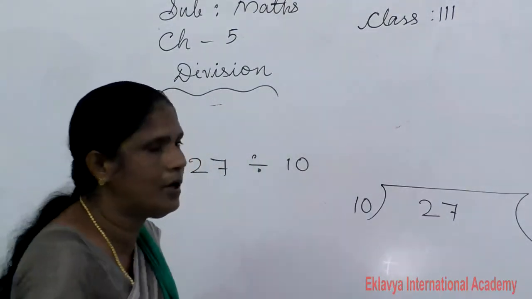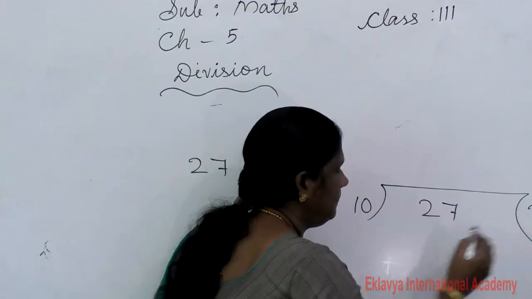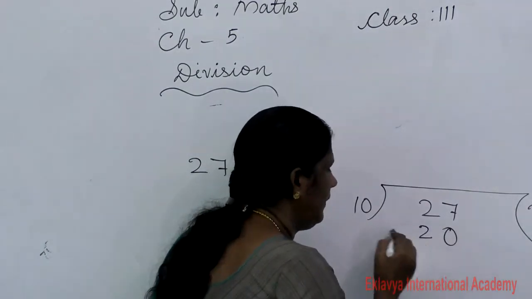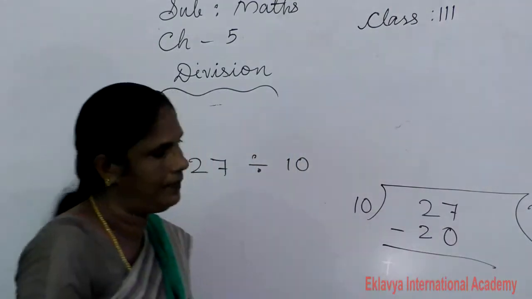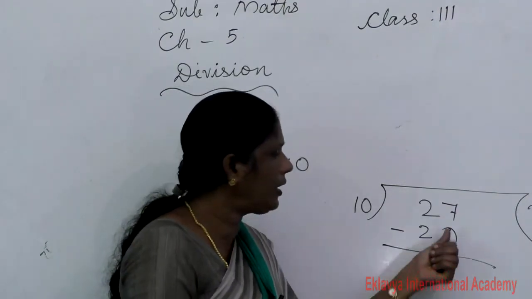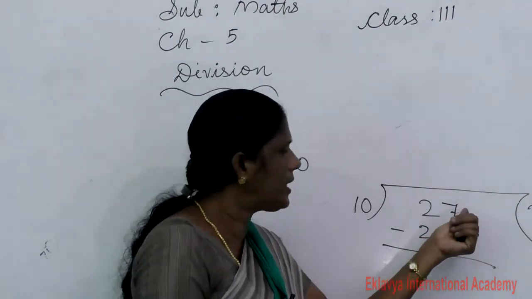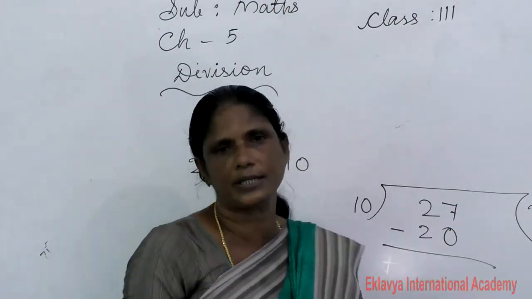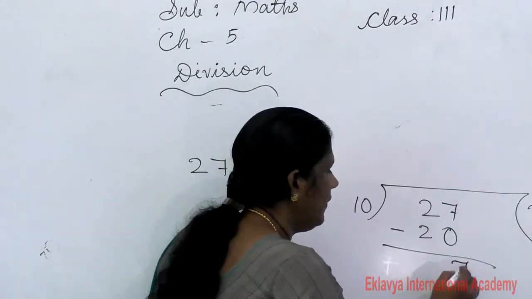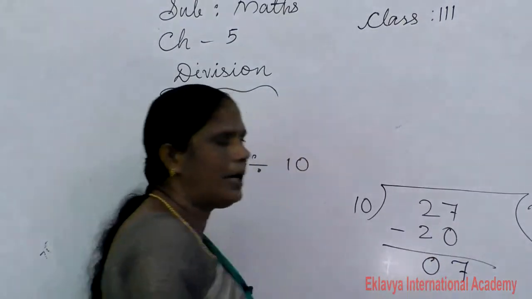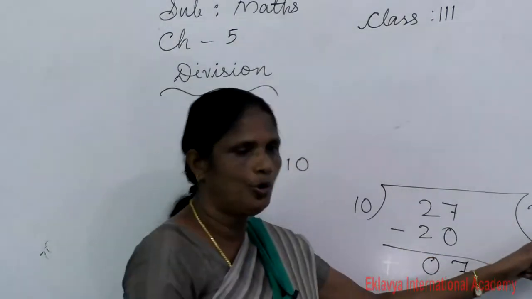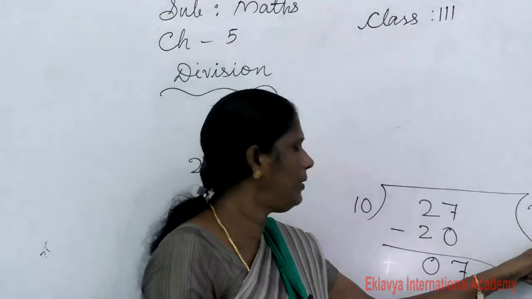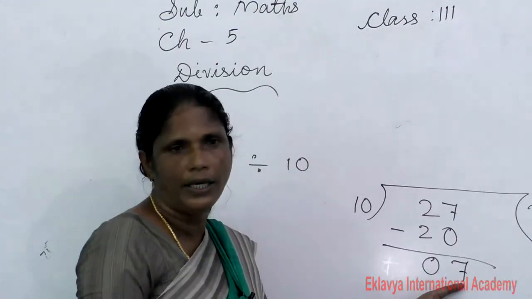How many times gone? 2 times. Then subtract. 0 take away from 7, that is 7 minus 0. 7 में से 0 को minus करो आप. कितना? 7. What is our quotient? 2 is our quotient. 7 is our remainder.